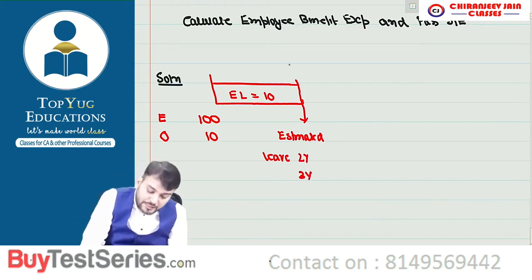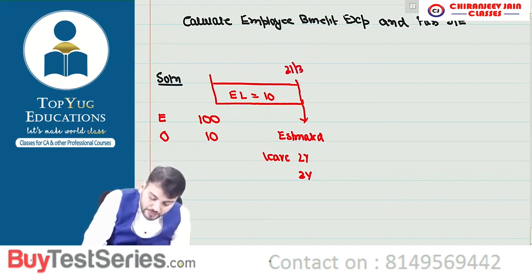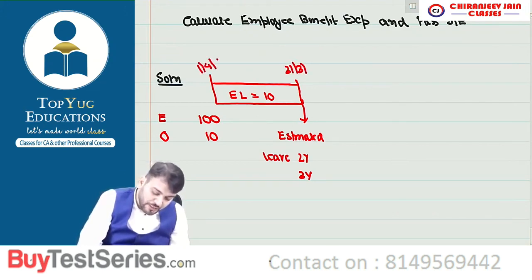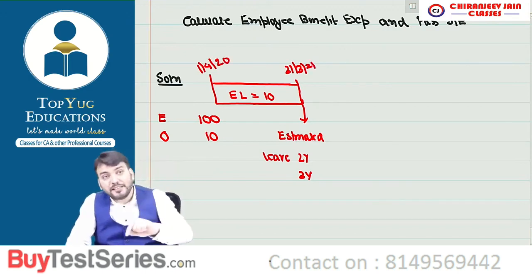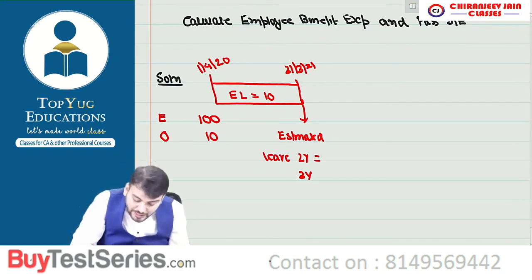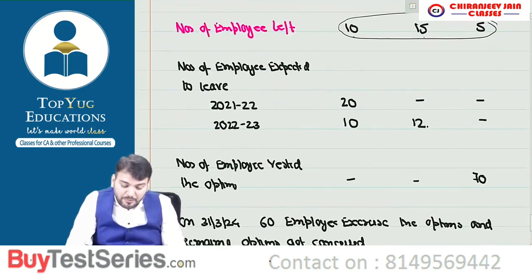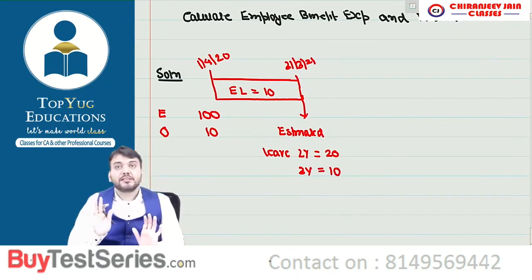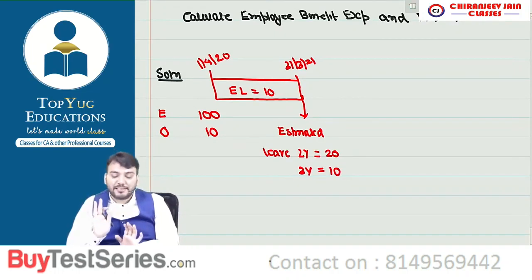Means at year end 1, 31st March 21, we are estimating that how many employee may further leave in second year. How many employee may further leave? 20. And how many employee may leave in third year? 10. These are expectation.